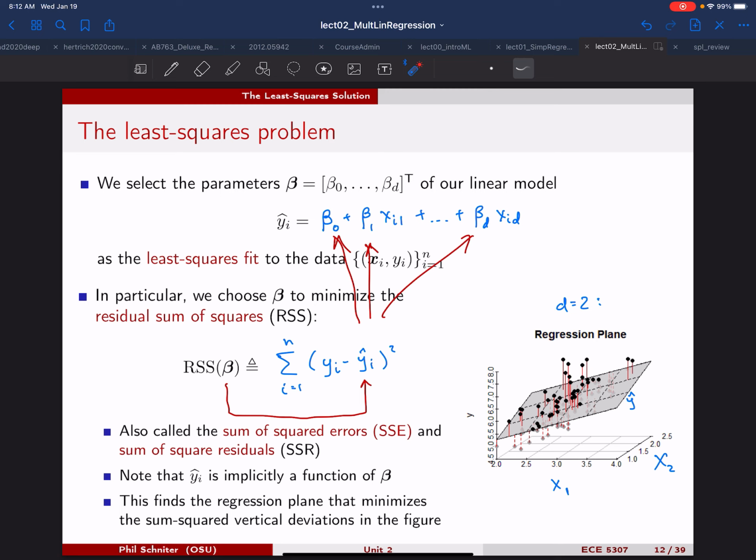So we can draw pictures of planes even if the dimension is larger than 2, and we can use that as a mock-up of what's going on in higher dimensions. So even though it's only d equals 2, it's representative of what happens for any finite dimension, arbitrarily large.